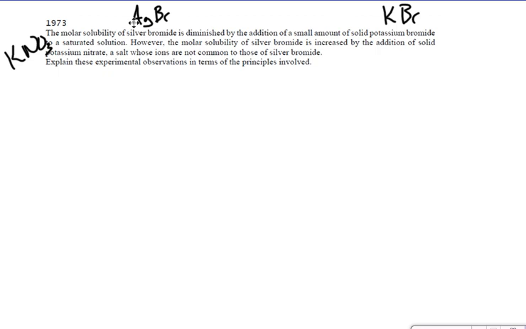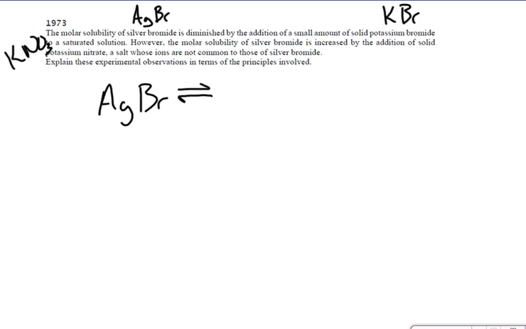All right. So first off, I have silver bromide. Halides are insoluble when paired with silver, mercury, or lead, but you know from the equilibrium unit that nothing is completely insoluble. It's going to establish some sort of equilibrium.